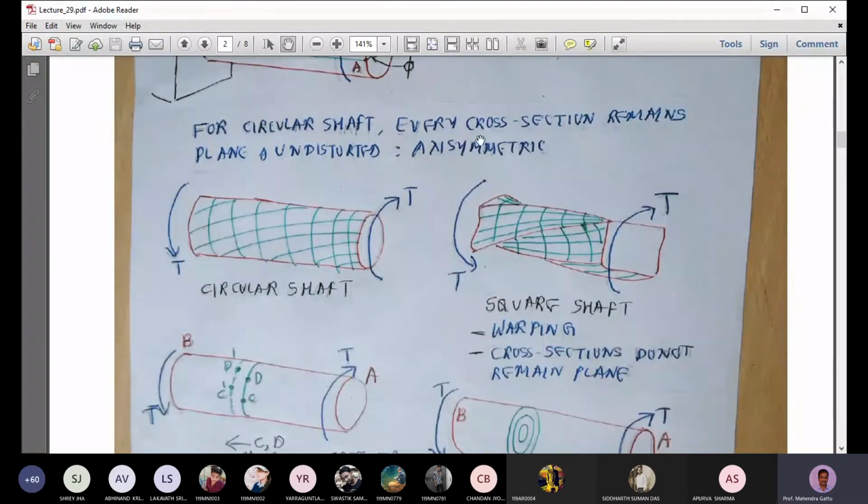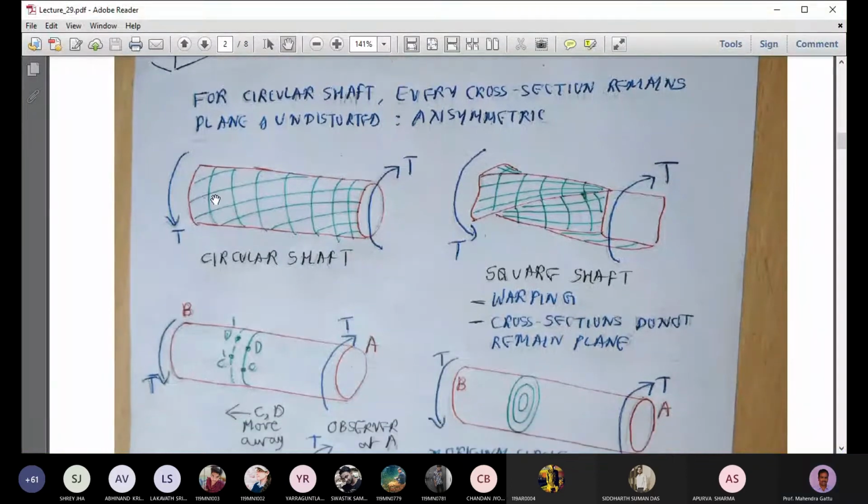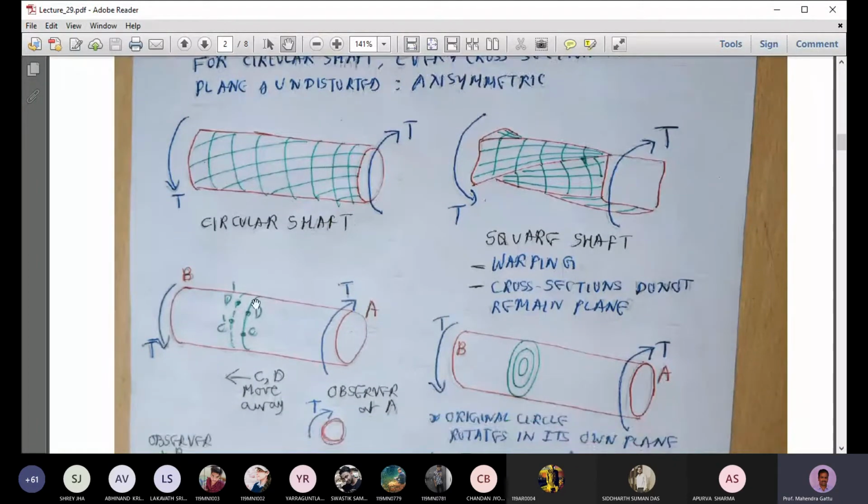So what is happening for a circular shaft is that every cross section remains plane and undistorted. What it means is, suppose we consider this plane. We are subjecting this shaft to torsion T. Let's consider a section, a circle in the interior, and identify two points C and D on the interior circle.